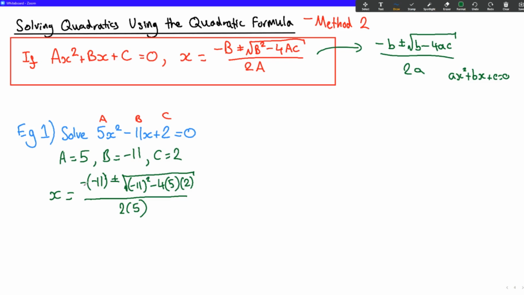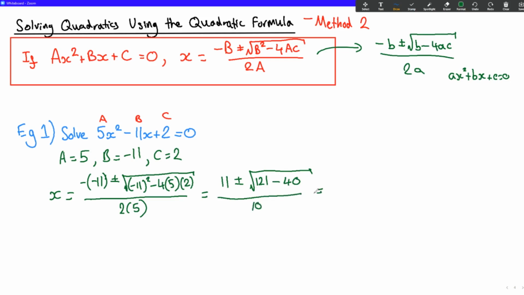So to begin with, these two negatives cancel out, so we just get 11 plus or minus. Now here we have 11 squared, so that is 121. And 5 times 2 is 10, times 4 is 40. So we get minus 40. And then at the bottom we get 10.